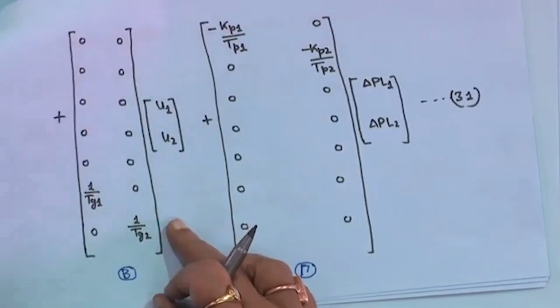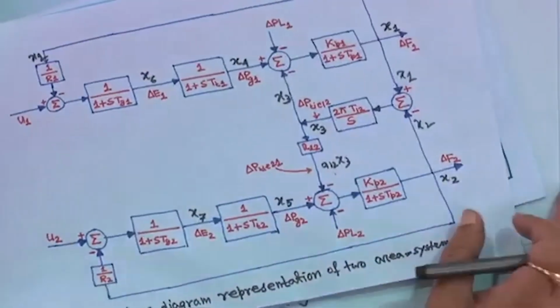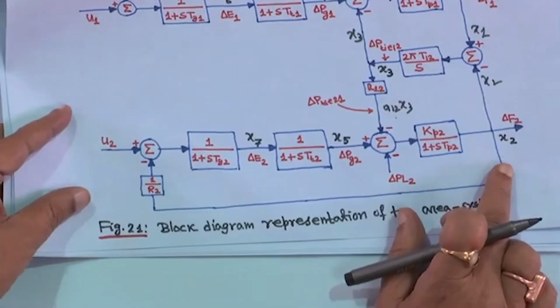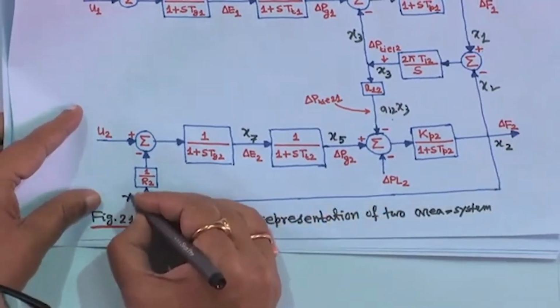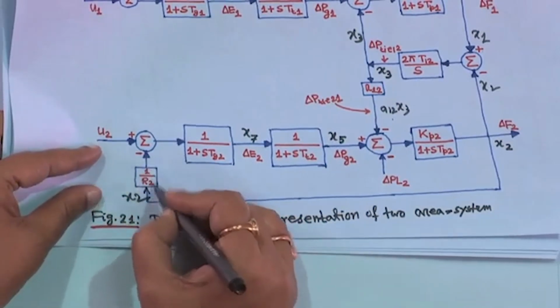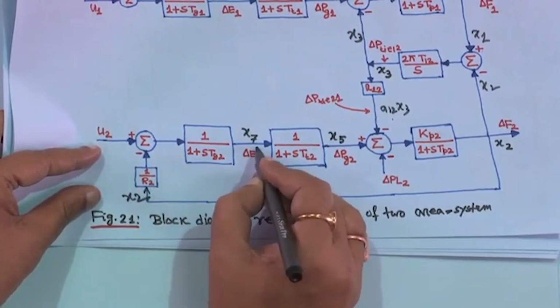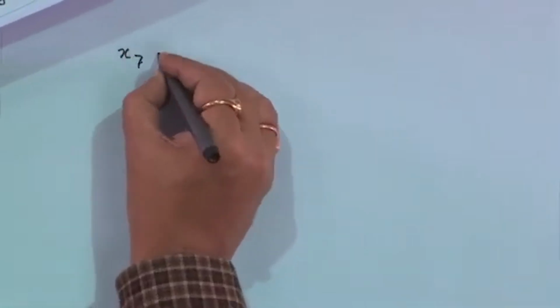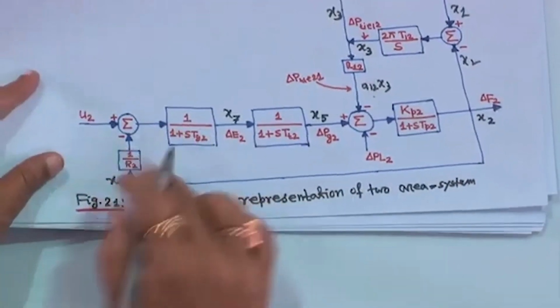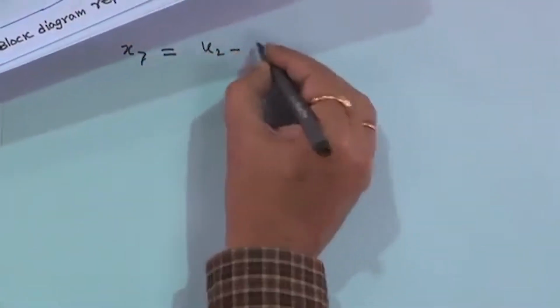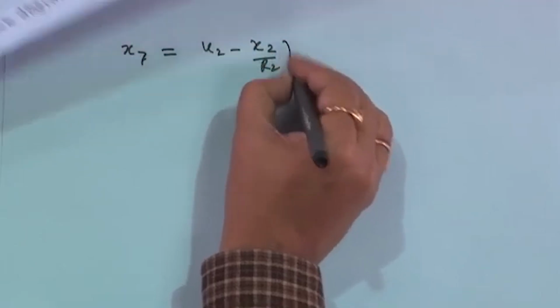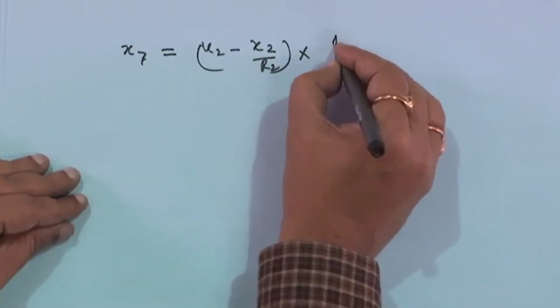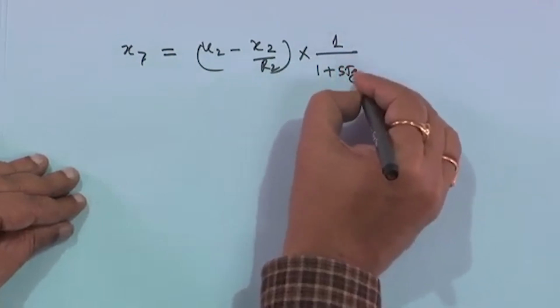Similarly, if you write the last equation, that is x7, look here: this is actually x2. So u2 − (x2/r2) · 1/(1 + s·Tg2) = x7. So we can write x7 = u2 − (x2/r2) · 1/(1 + s·Tg2).